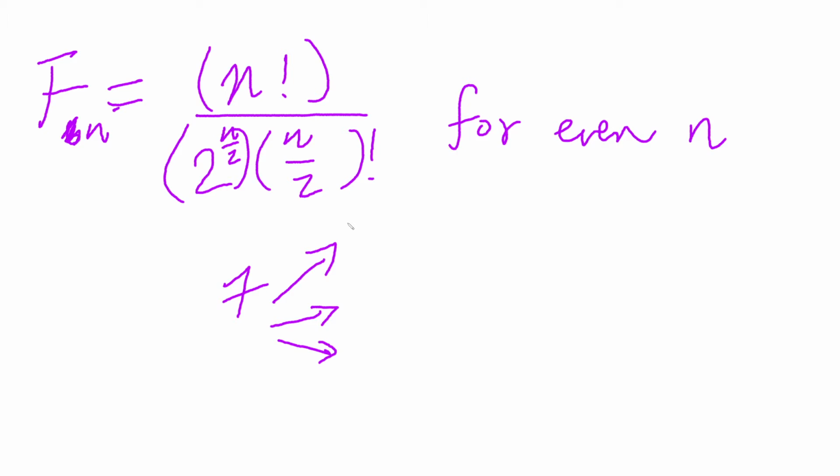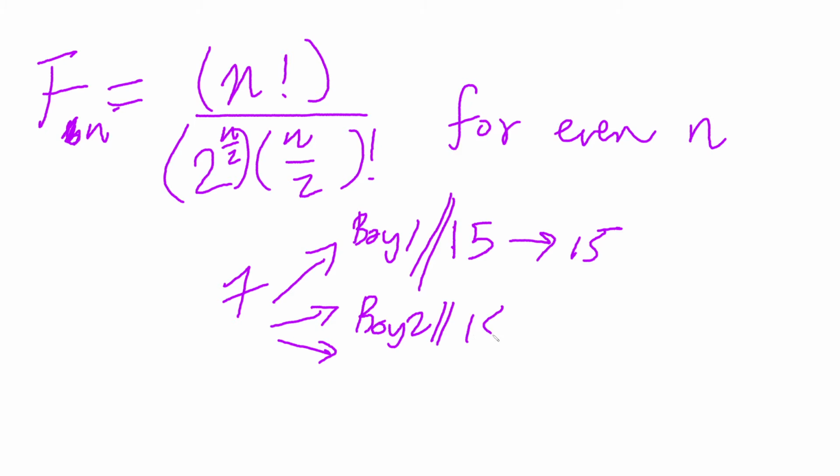For instance, if you took a single member like Boy 1 from BTS and excluded him, he's not in any pairing, but you still have the 15 possible combinations of pairings for the other people. This leads to 15 configurations with the exclusion of one person. And if you exclude Boy 2, that's another 15 possible configurations, because the set of 6 members that you're creating these configurations for is different.